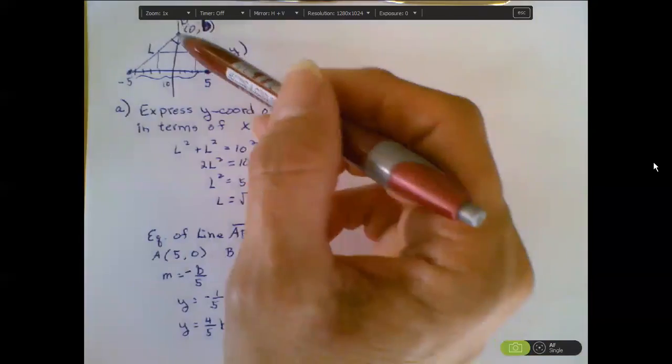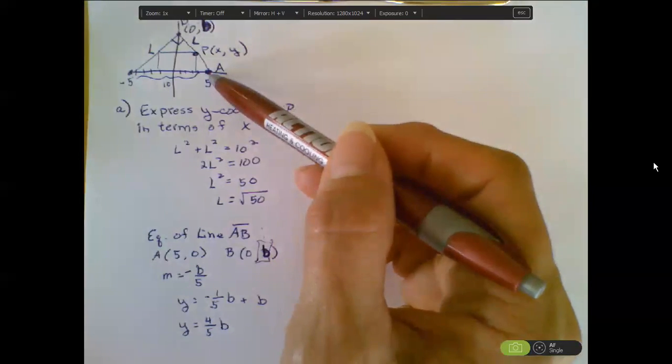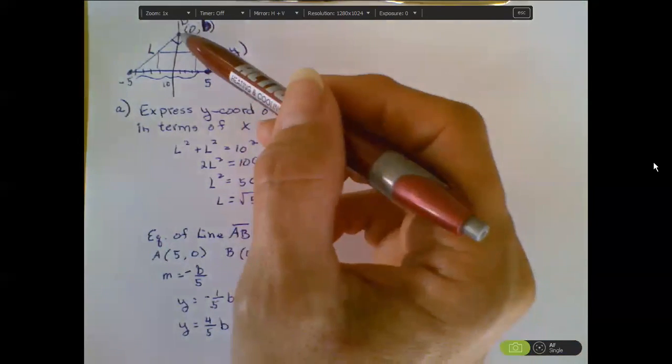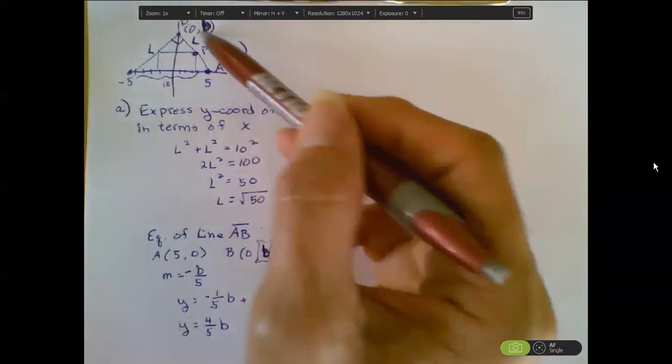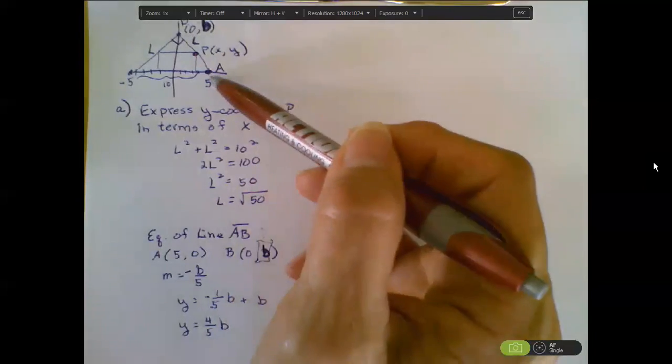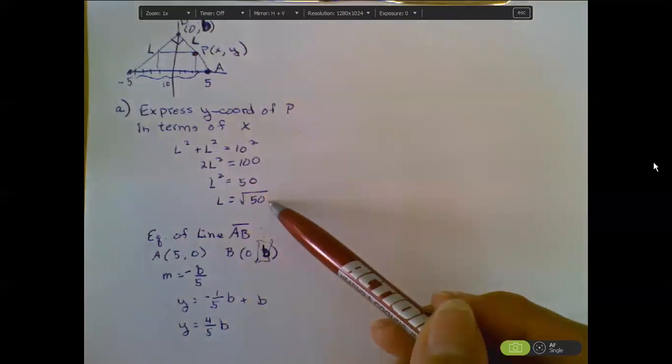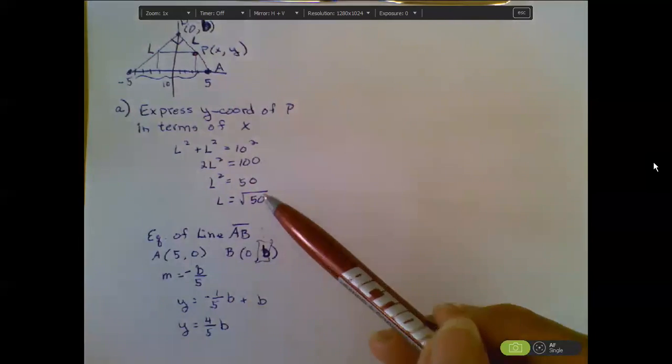We know that this is the equation of that line, and we know the distance between A and B is the square root of 50. How would that help?